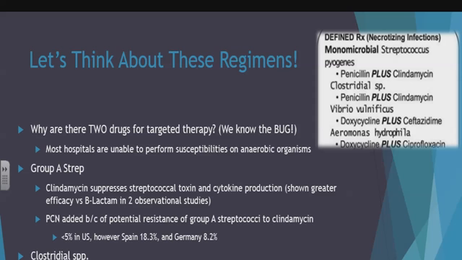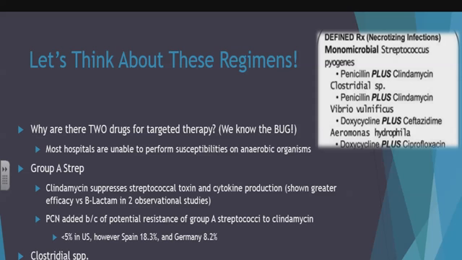Penicillin is added to this regimen. It sounds like I'm making the case for using just clindamycin, right? But we add penicillin to this regimen because there's a potential of resistance in your group A streptococci to clindamycin. Now, in the United States, in the epidemiologic studies that I could find, we saw less than a 5% chance of resistance to clindamycin in our streptococci species.